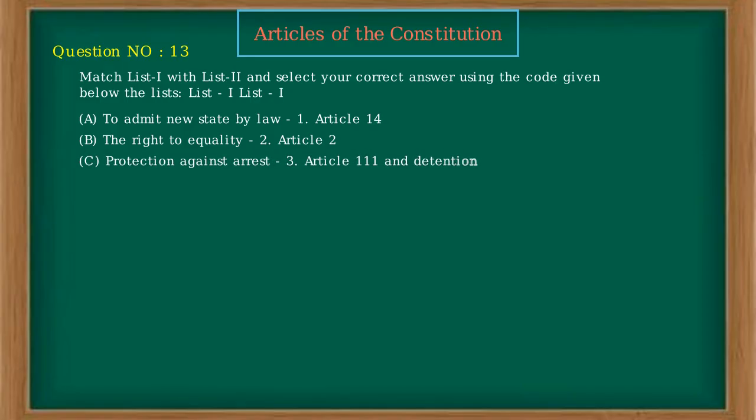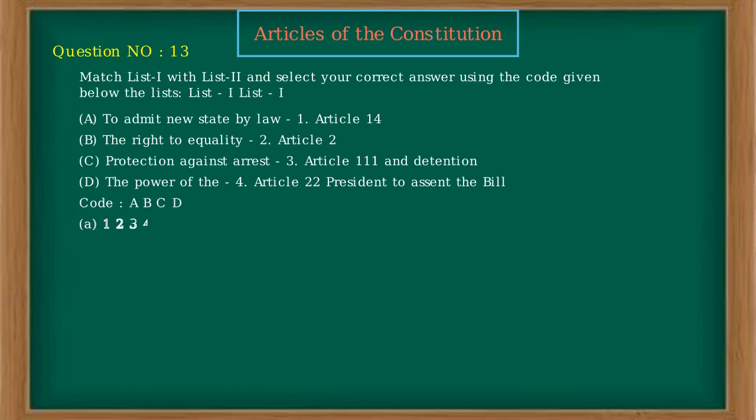D. The power of the President to assent the bill, 4. Article 22. Code ABCD. A. 1, 2, 3, 4. B. 2, 1, 4, 3. C. 3, 4, 2, 1. D. 4, 3, 1, 2. Ans. B.